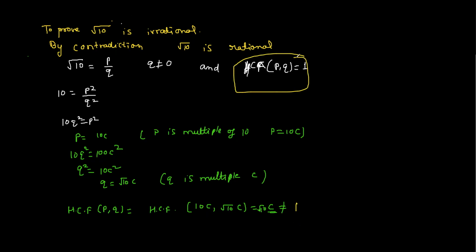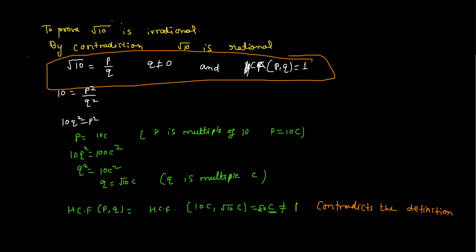HCF 1 should come, right? So you are not getting 1. This means, yes, contradiction. It contradicts the definition. What is the definition? This is the definition of a rational number.